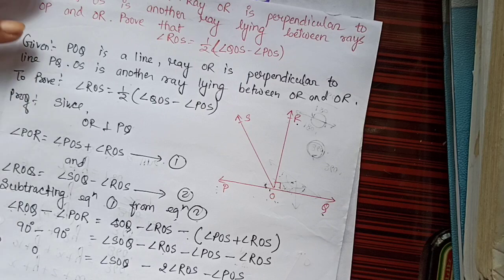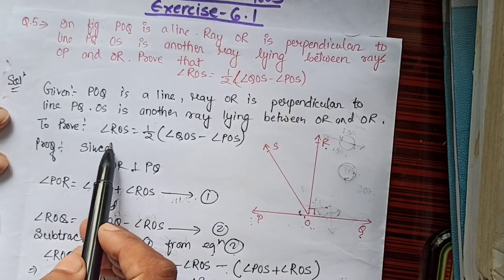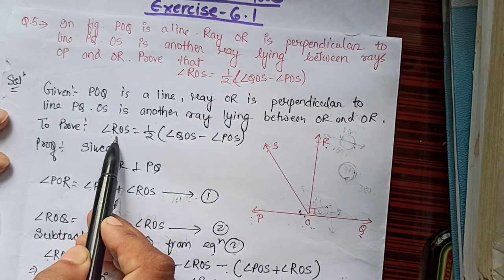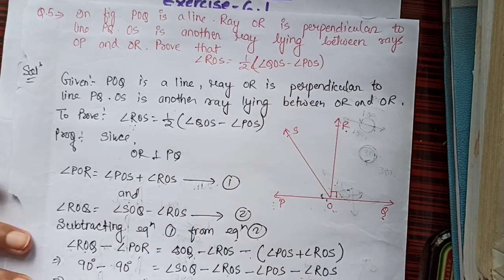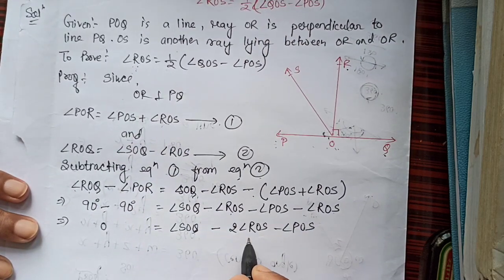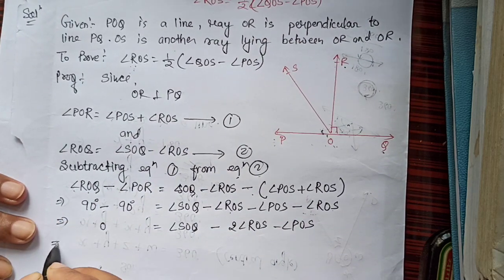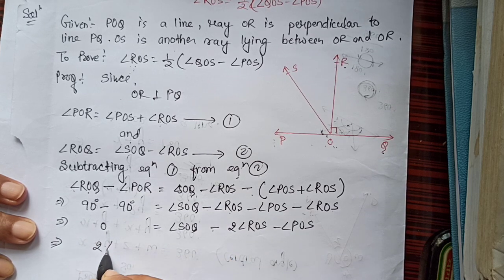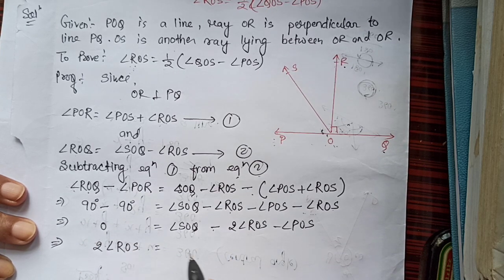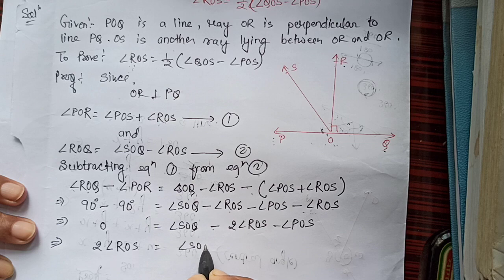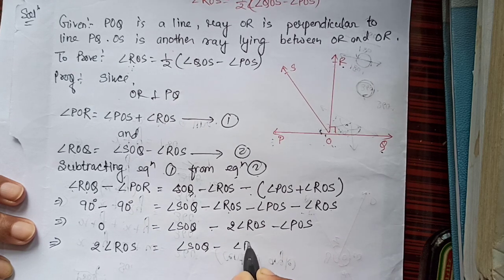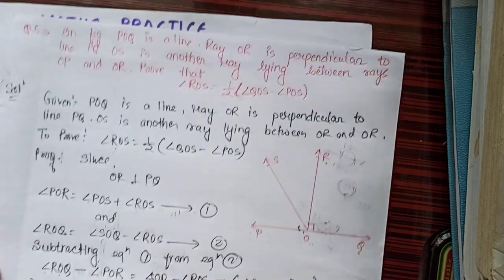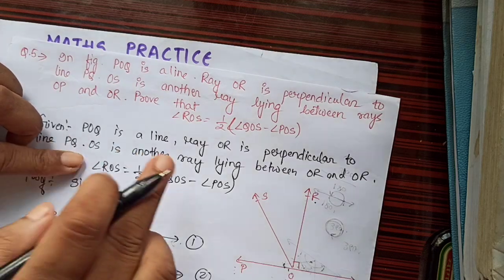Now we have to look at the to-prove part. What we need here is ROS on the left hand side, but it is on the right hand side. We will bring this to the left hand side. It is minus, so it will become plus 2 angle ROS. What is left here? SOQ minus POS. Now we do not need the 2 here, so we will send 2 to the right hand side.